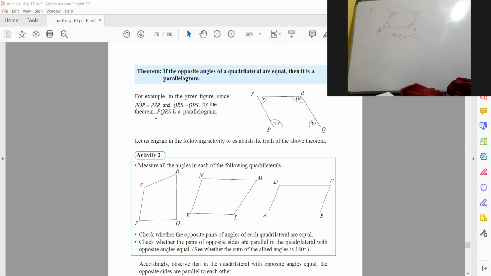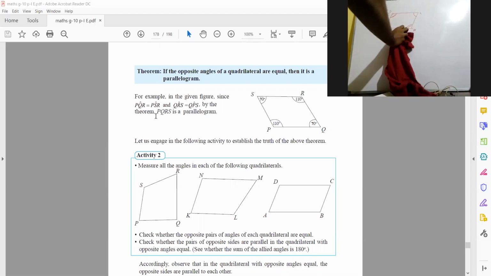Then you can directly say that it's a parallelogram, and you can say that the opposite sides are equal, and diagonals bisect each other. All those properties you can say, right? You only need one of the theorems that I'm saying now to prove that a quadrilateral is a parallelogram, right? This is the second one.